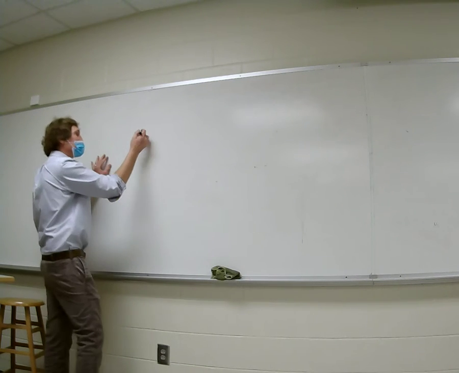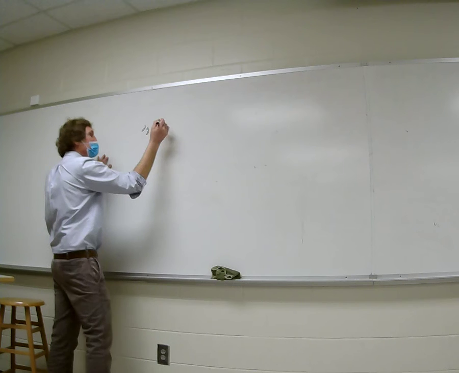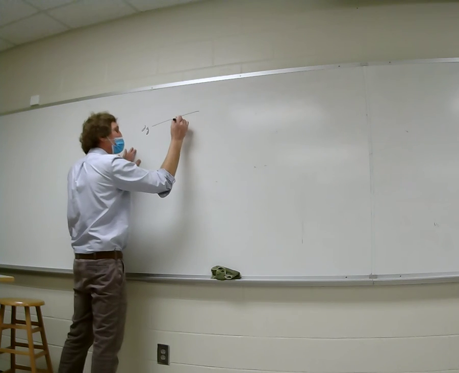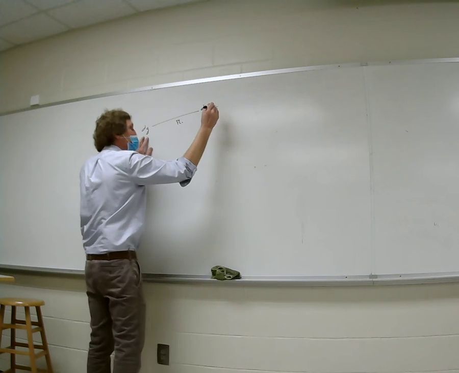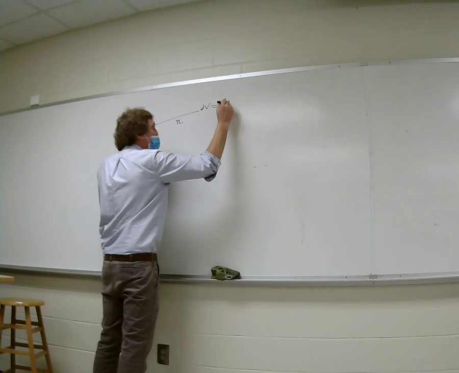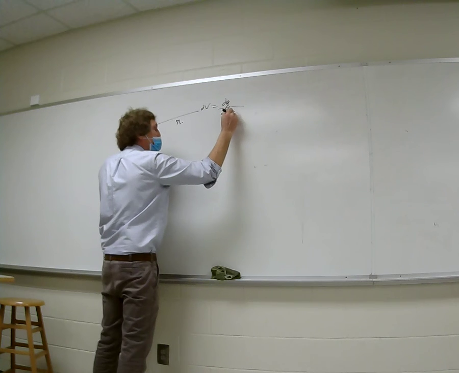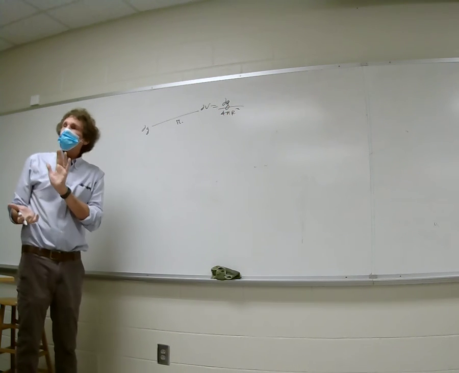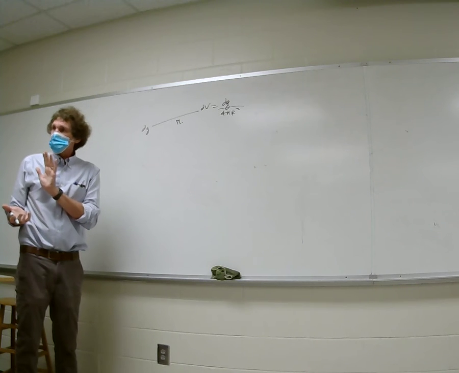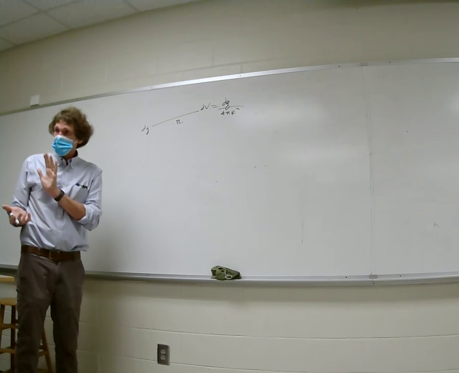Do you remember what you had? You had a differential chunk of charge, and if I'm a distance R away, the differential voltage is dq over 4 pi r squared. And then you would integrate that differential voltage over where the charge existed to get the total. Do you all remember doing that?